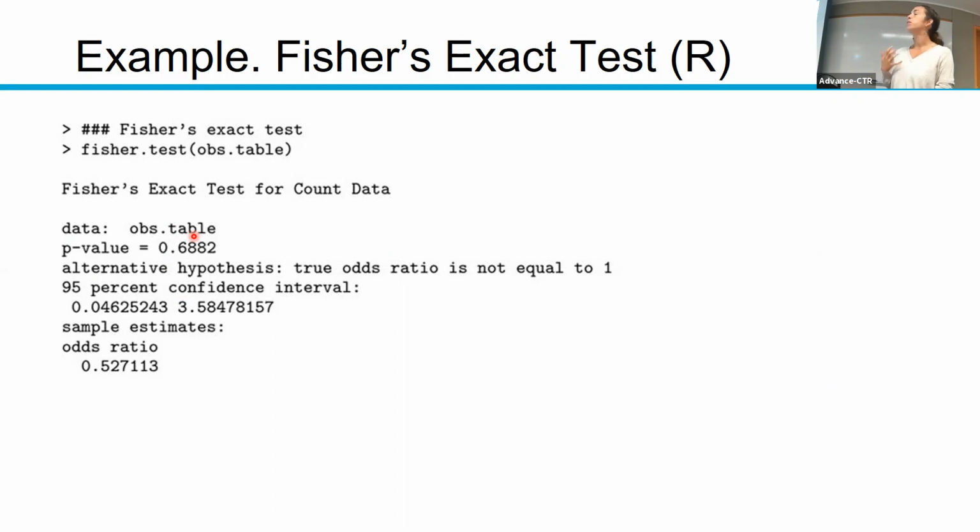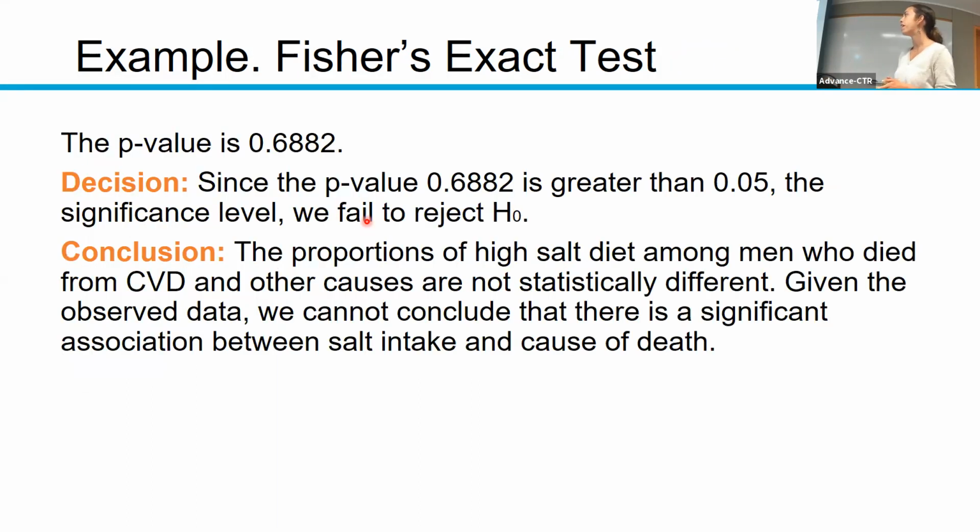So for now, we should just know that it's a tool that we can use with our computing software to calculate statistics of interest. So when we conduct Fisher's exact test in this particular example and for this particular contingency table, we end up getting a p-value of 0.6882.